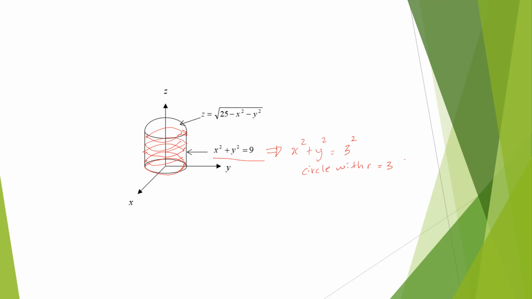Stacks of circles will build up to be a cylinder, r equals 3.